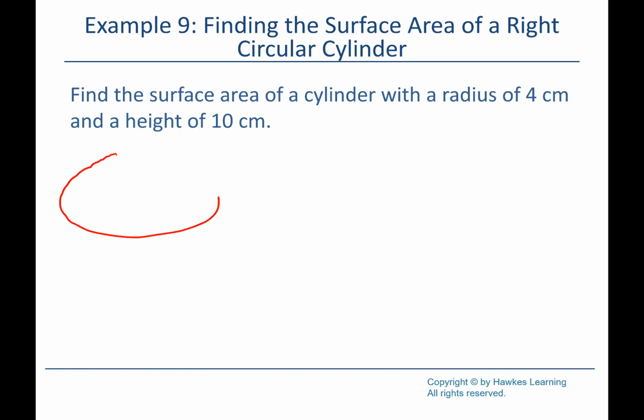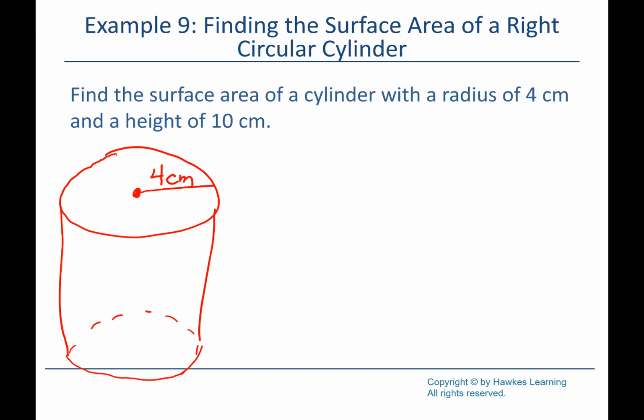If this is our top, our radius is 4 centimeters, and we're 10 centimeters tall. A sketch can help. You obviously don't have to be able to draw well, because I can't.